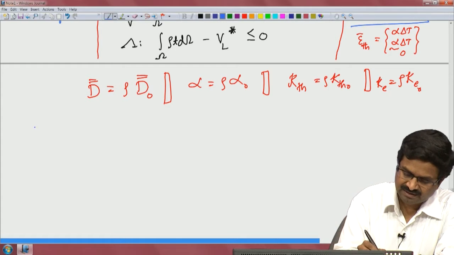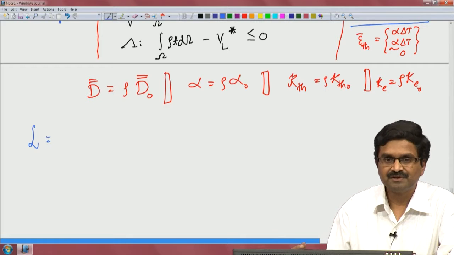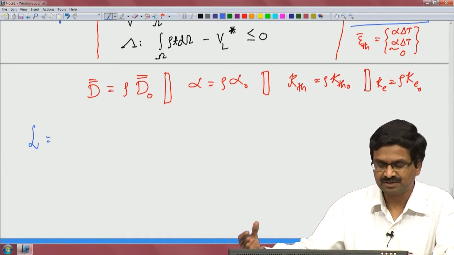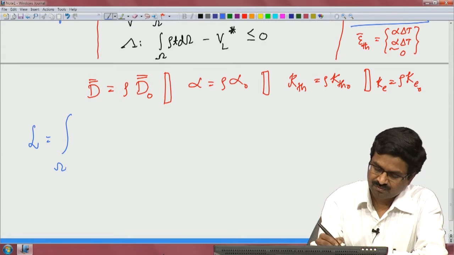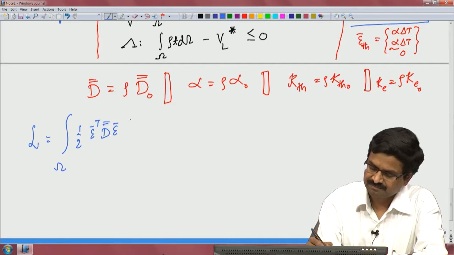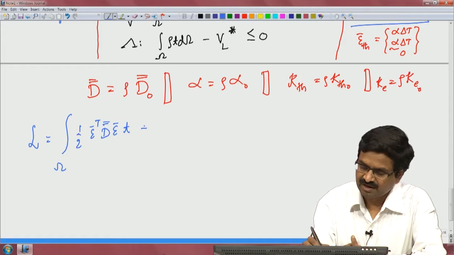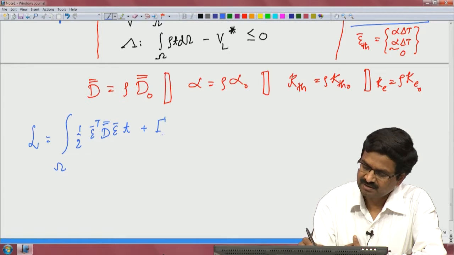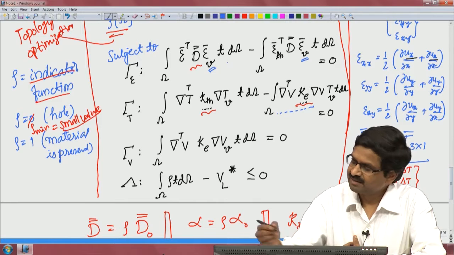as usual we have to write the Lagrangian. It will be a long Lagrangian because you have 3 governing equations, 1 resource constraint, volume constraint and the objective function. So, if we write that, so first one is half epsilon transpose D epsilon, that is a strain energy, and then we have this gamma epsilon multiplying the governing equation for the mechanical problem.